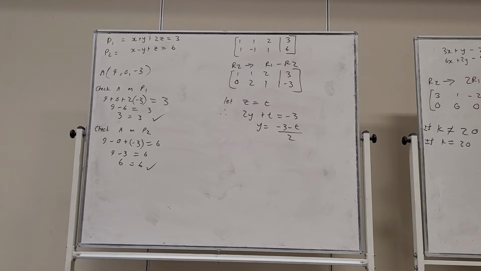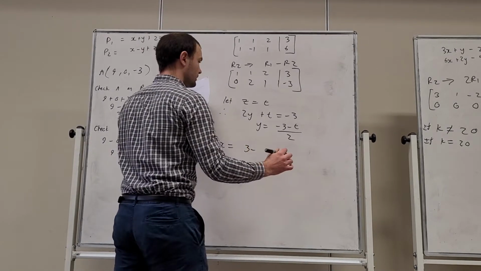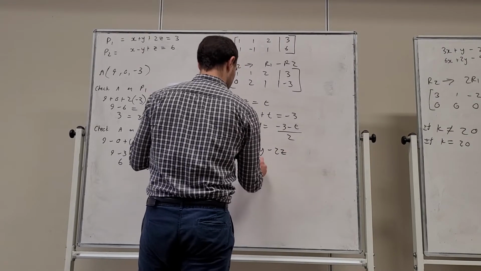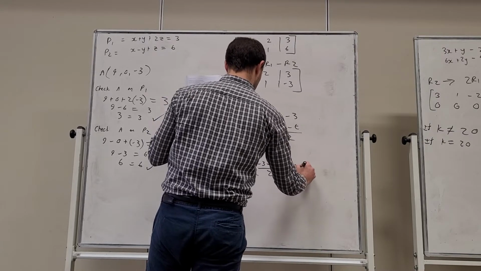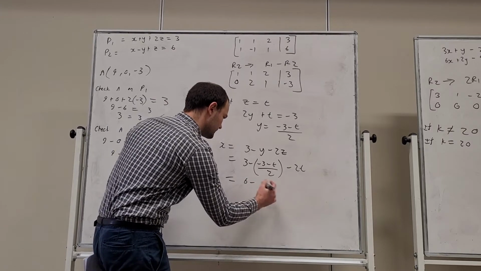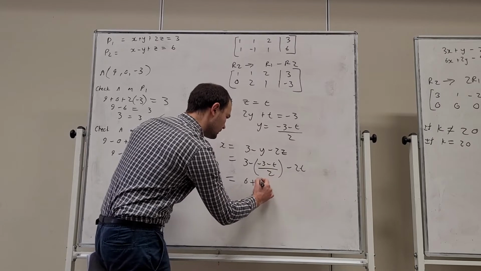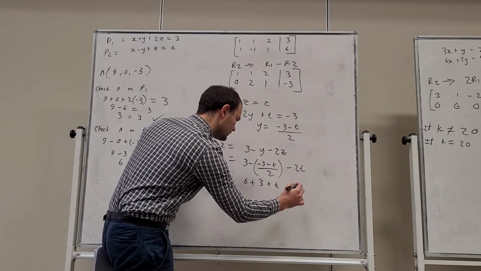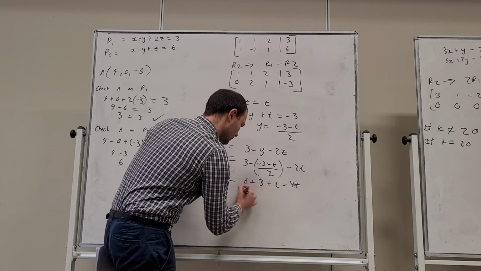And then for x, we've got x equals 3 take y take 2z, which is 3 take away minus 3 take t on 2, take 2t.